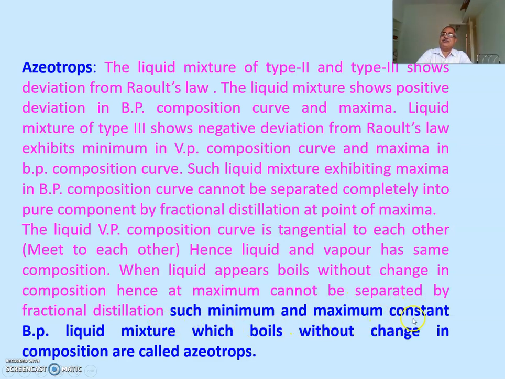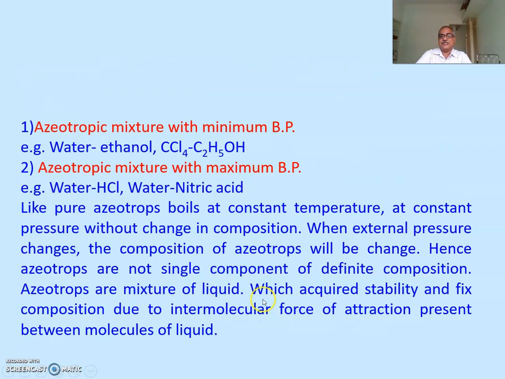Such minimum and maximum constant boiling point liquid mixtures, which boil without change in composition, are called azeotropes. There are two types of azeotropic mixtures: some show a minimum in the boiling point composition diagram, and some show a maximum.